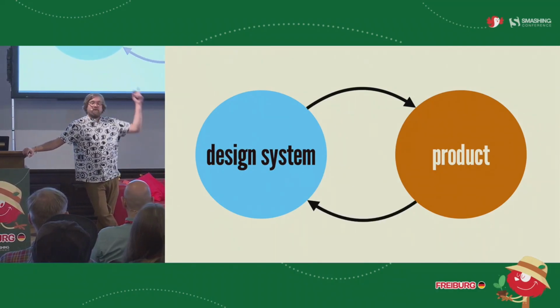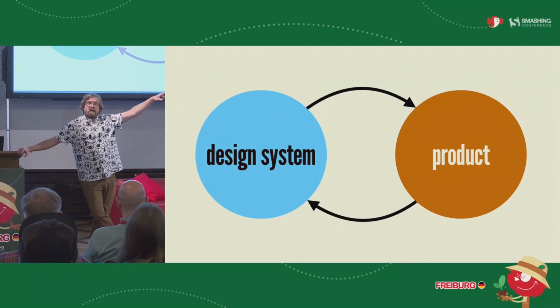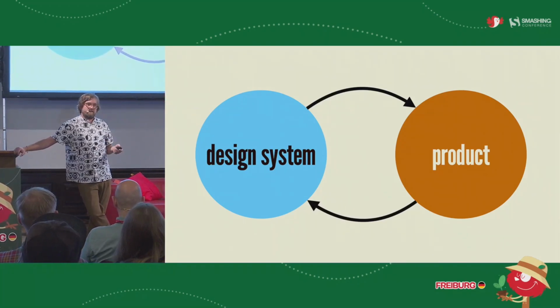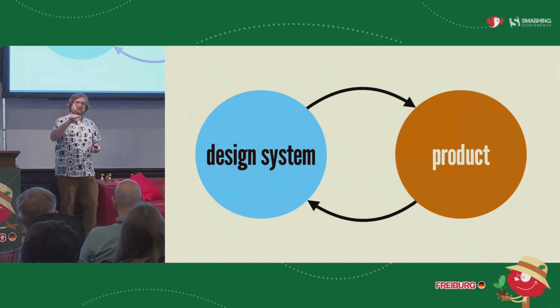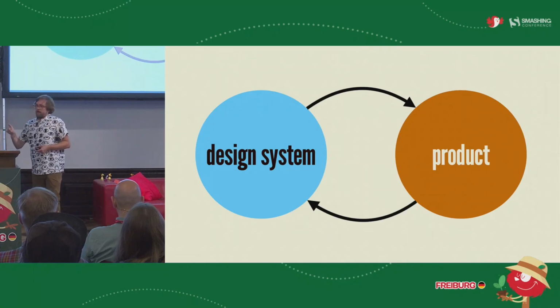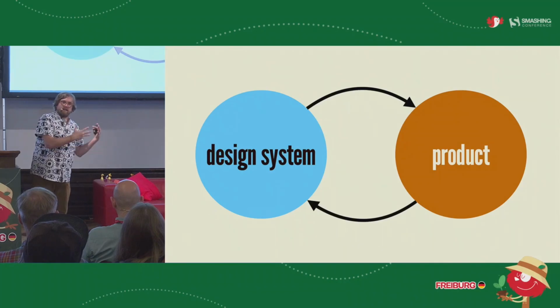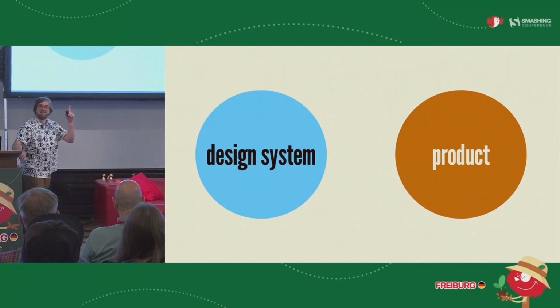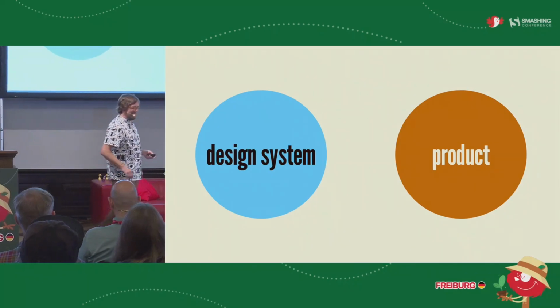And then also we have the products that help inform and influence what ingredients live in the design system, right? So it becomes this virtuous cycle where one thing's informing the other thing. As the quality of the system improves, the quality of the products improve. As the products improve, the quality of the system improves. Life is good. But is it?